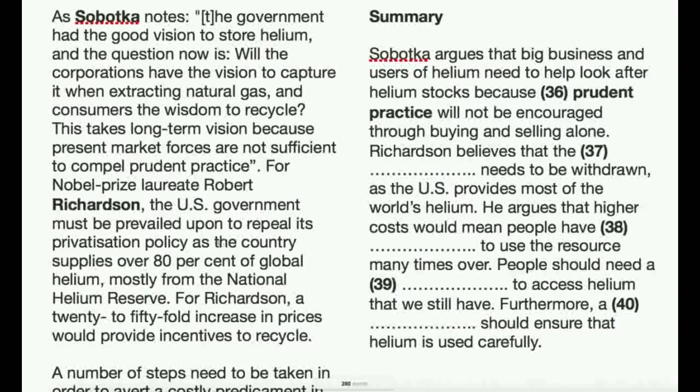The country needs to be withdrawn. We can't withdraw a country, so it's not likely to be that. Global helium. Well, global helium needs to be withdrawn as the US provides most of the world's helium. World's helium, global helium, they mean the same thing, so it's unlikely to be that.